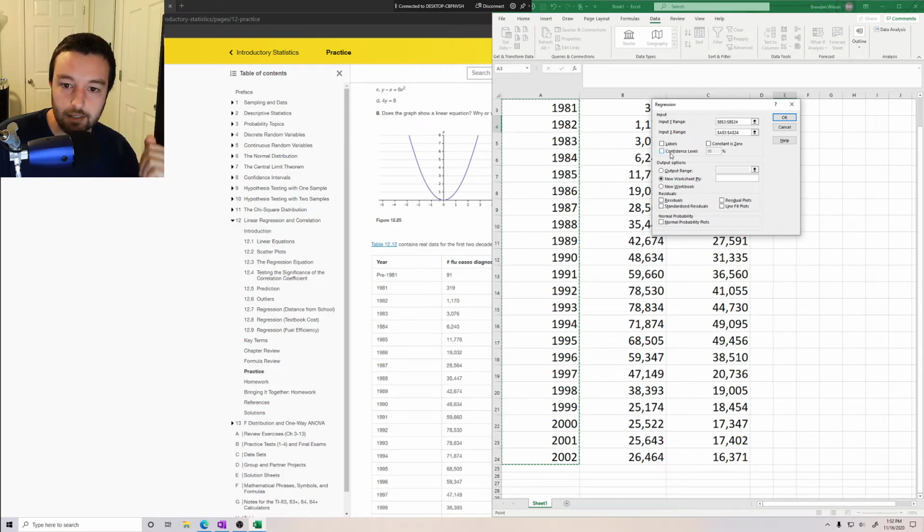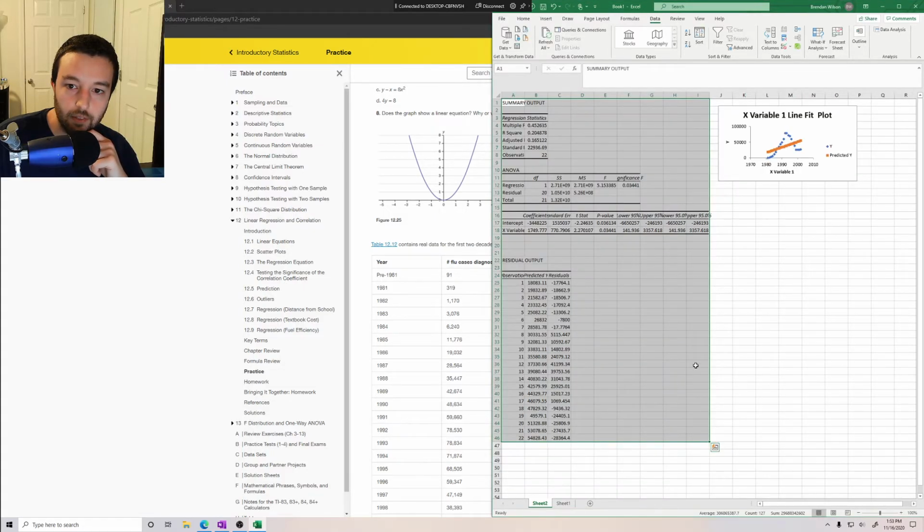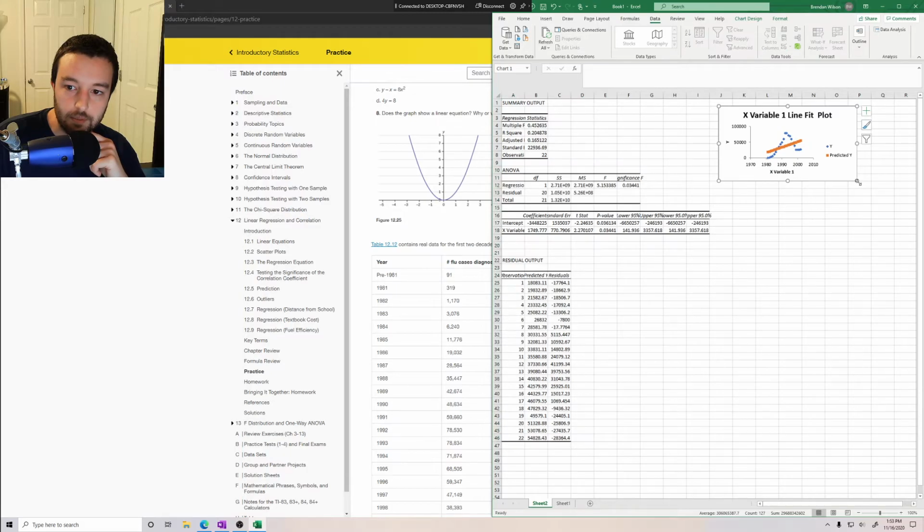And then notice you can set the confidence level. So we can set it to 95%. That's what it'll default to, so you can just not worry about that. All of these you don't really need too much. You can set some labels if you want to. It's not really too important. You can set this so that you can actually graph the regression line. That's what the line fit plots will be. So let's just go ahead and do all that. And this is what it comes up with.